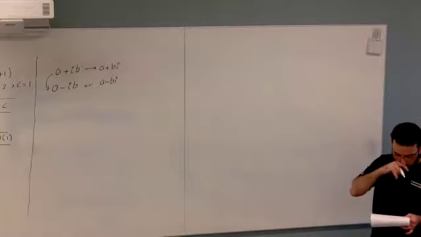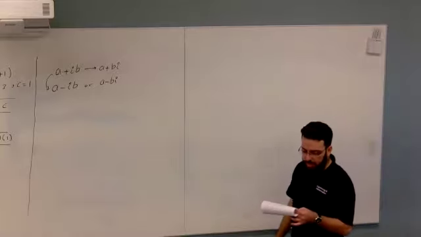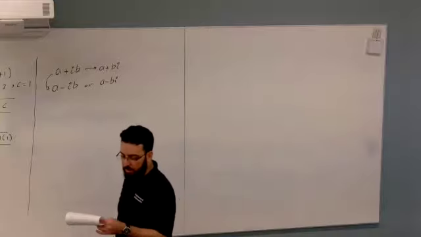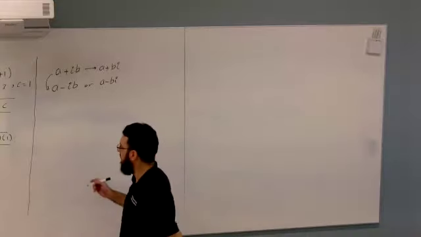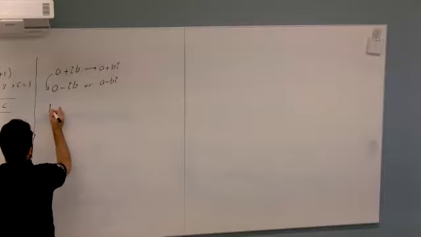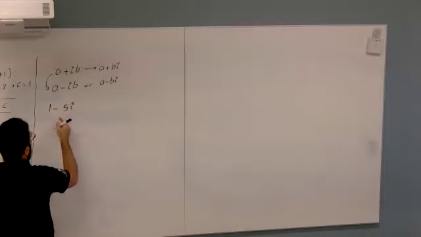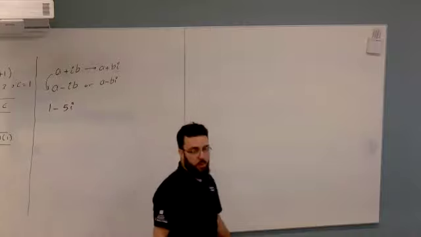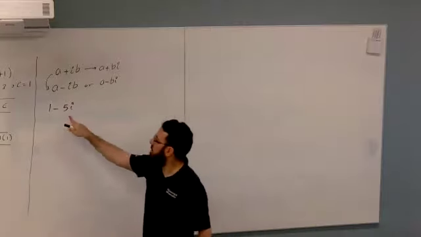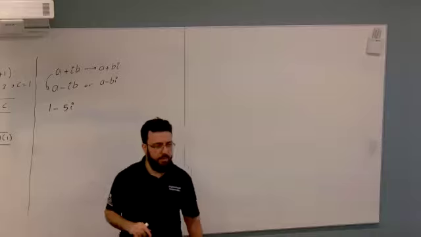So what they're telling you, example 4: given that 1 minus 5i is a zero. When you look at 1 minus 5i, is that a complex number?